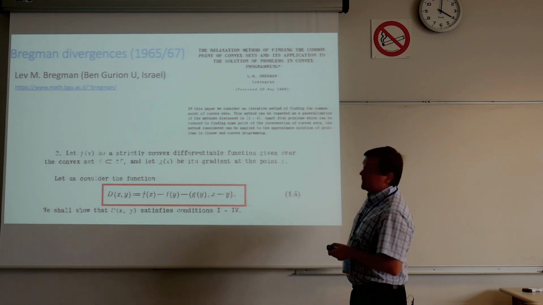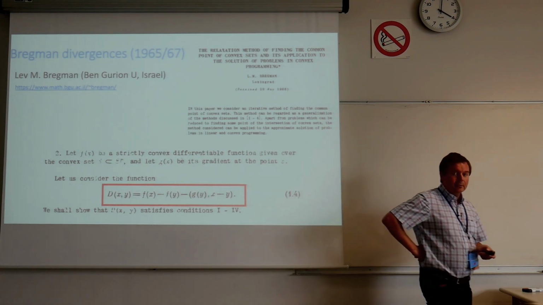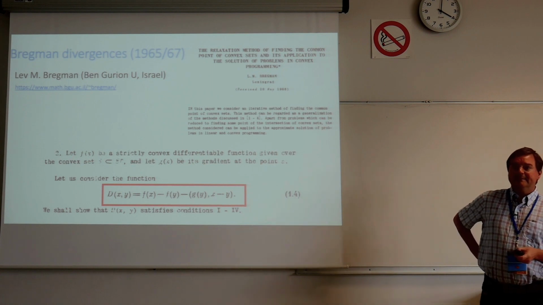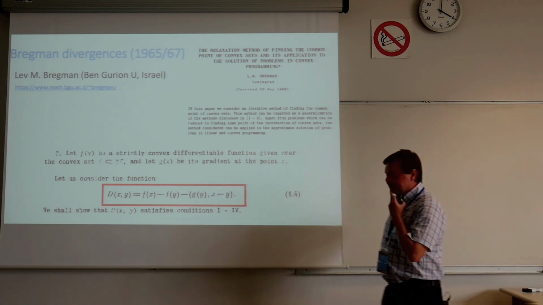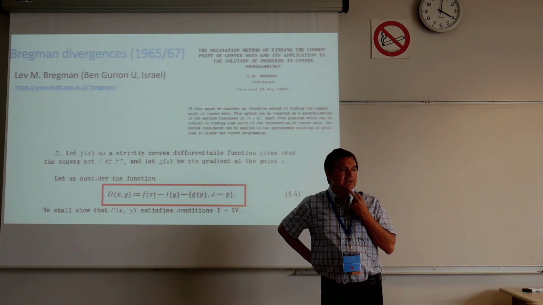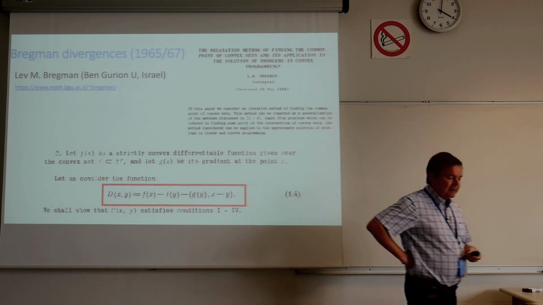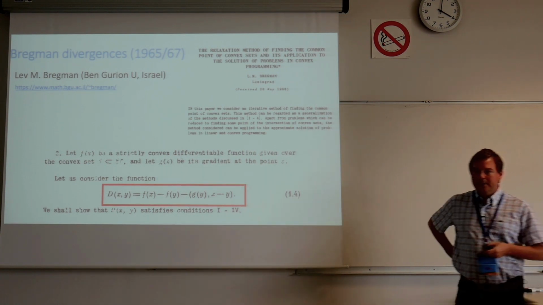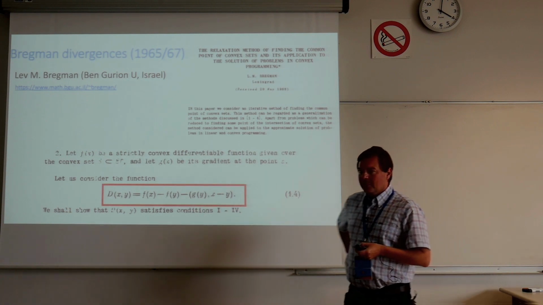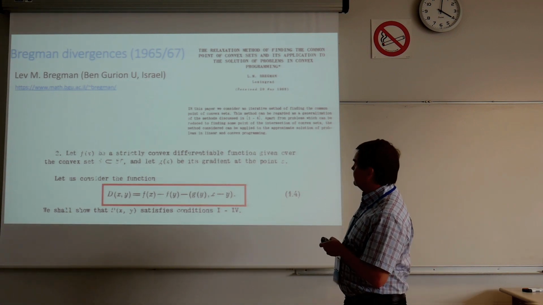So as you know, Bregman divergences have been presented in the operations research community in the 1960s. Usually the 1967 reference in English is given, but Bregman himself published in Russian before, and actually you can find trace of that Bregman divergence in 1965.